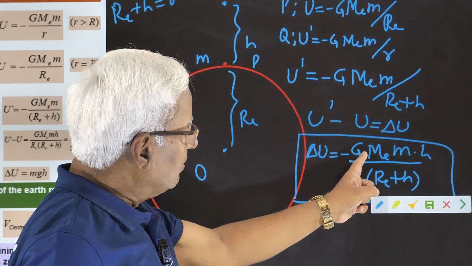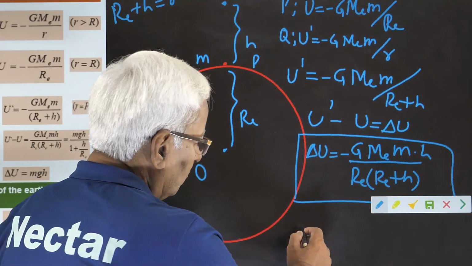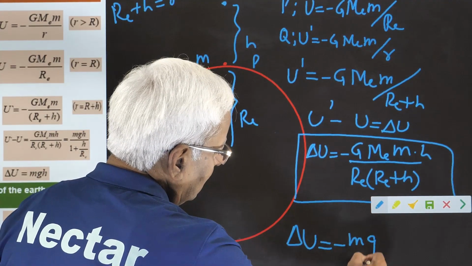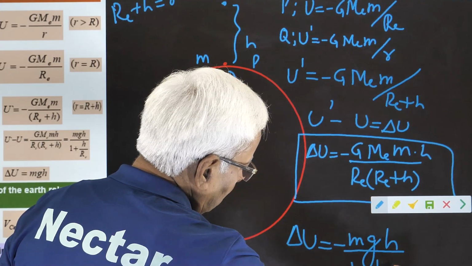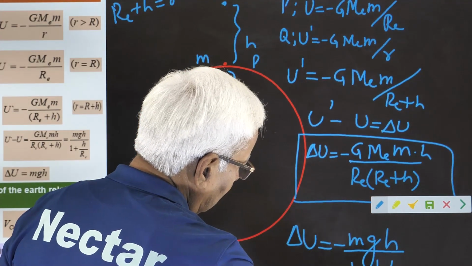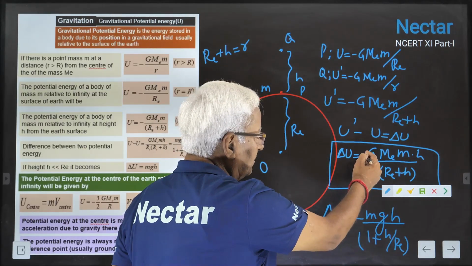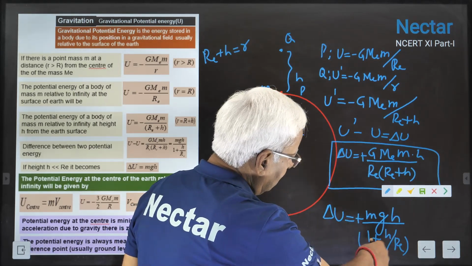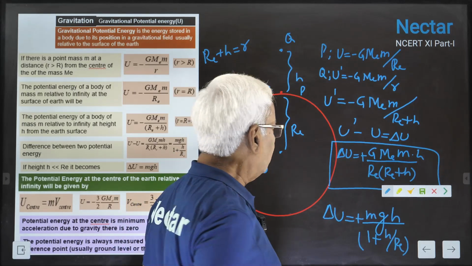Now if you put the value of GM, RE will be taken common, RE square. What remains here is minus mgh upon 1 plus h upon RE. Since we are talking about the change being positive, it has increased, so this change would be written as plus mgh upon 1 plus h upon RE.